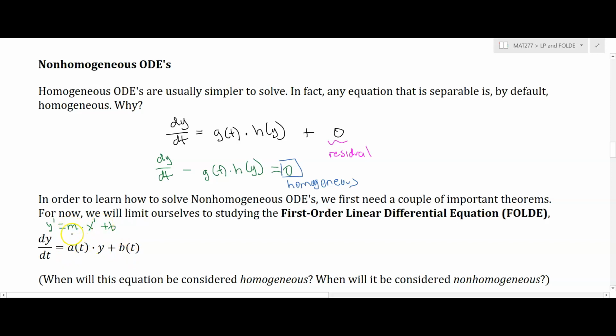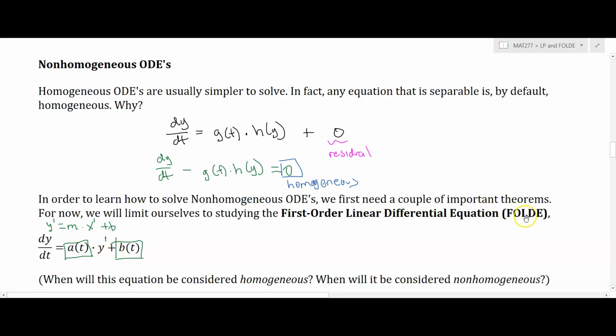The m is kind of like a slope, though it's not really a slope here, but it acts as that same coefficient as m does in the linear algebraic equation, and b of t is very similar to b. So it looks like a linear function if you imagine that a of t and b of t are like m and b. a of t and b of t don't have to be constants; they could be functions of time. But needless to say, it has the linear structure, and this y to the first power really declares that.